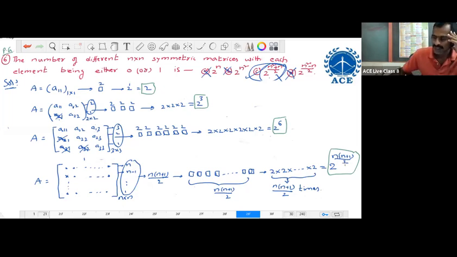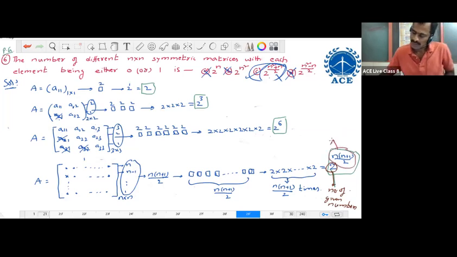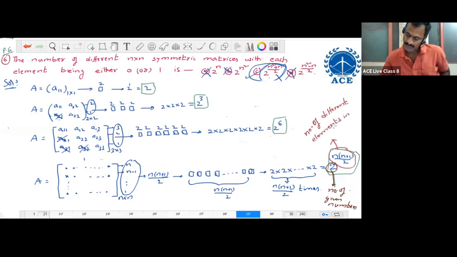From all this, we can say that the base is the number of given numbers, and the power is the maximum number of different positions, that is, different elements in the corresponding order symmetric matrix.